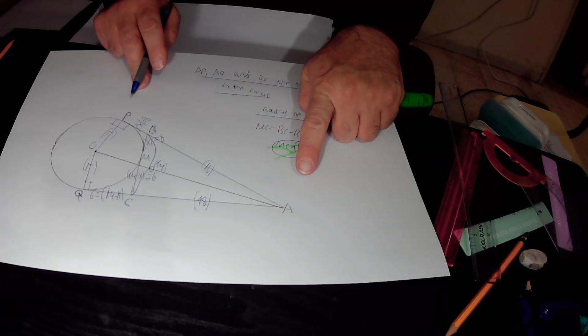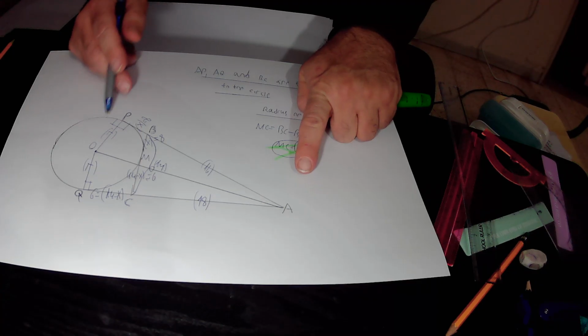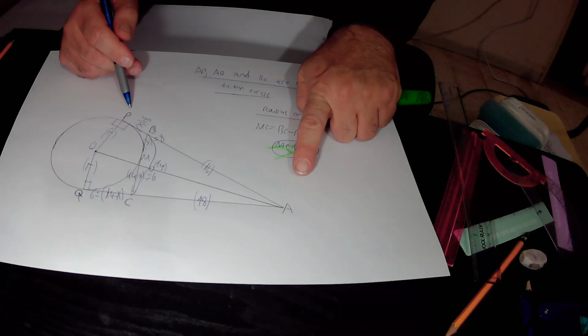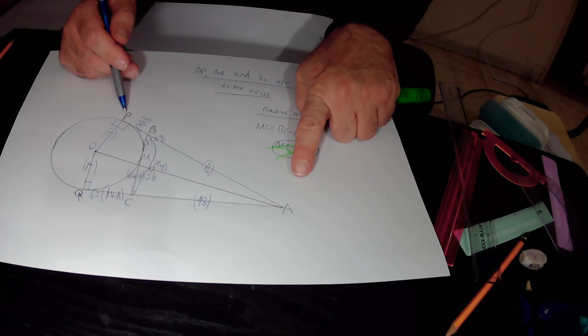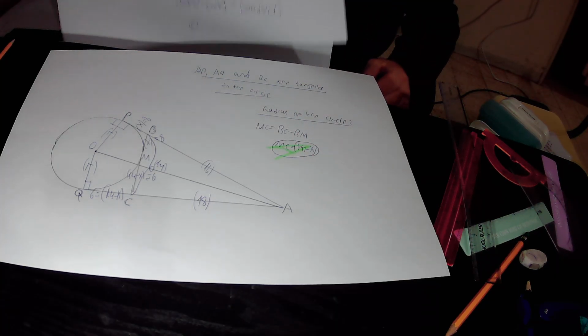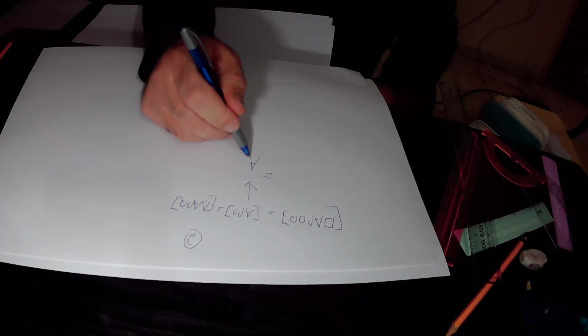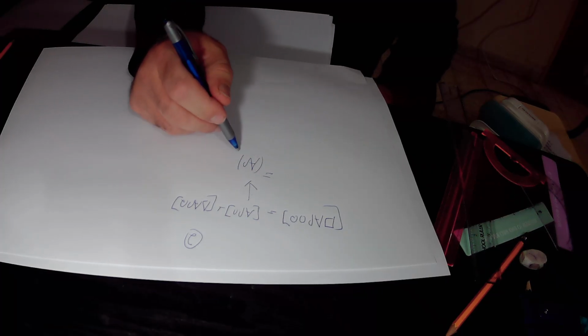The height to the base must create 90 degrees with the base. PO definitely creates 90 degrees with AP, because this is the right angle. Therefore, the area of this upper right triangle APO equals the base AP times the height PO over 2.